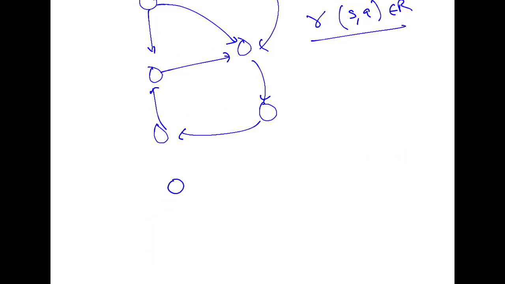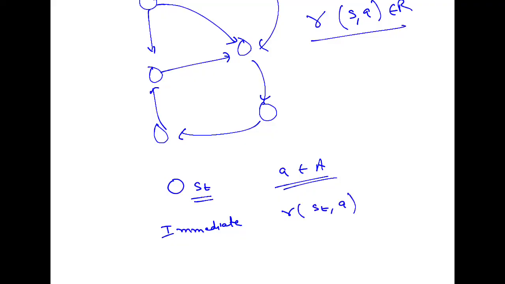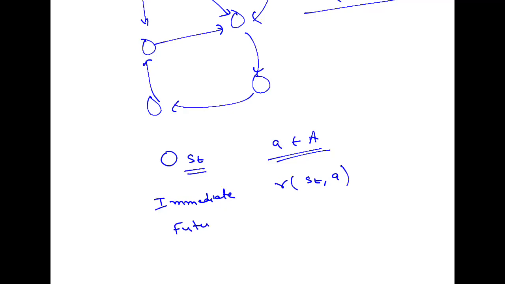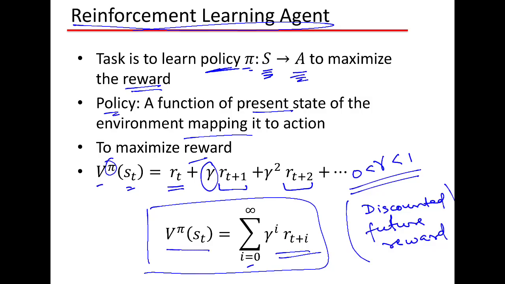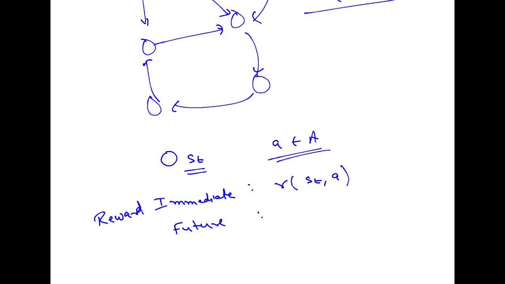Let's say you are at a state s_t and you are contemplating what action to take. I can take any action in the set of actions. So if I take an action a, then the immediate reward would be R of s_t comma a, and then the future reward is V pi of the next state.